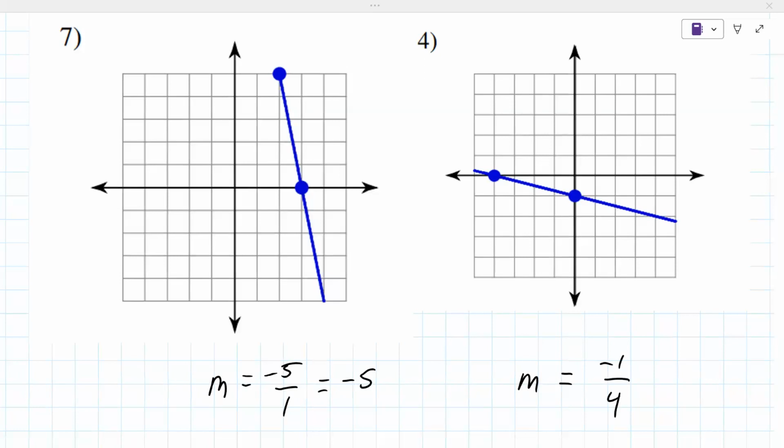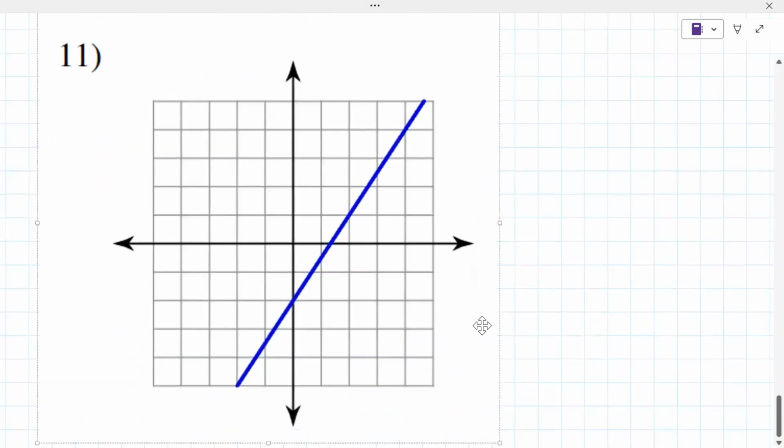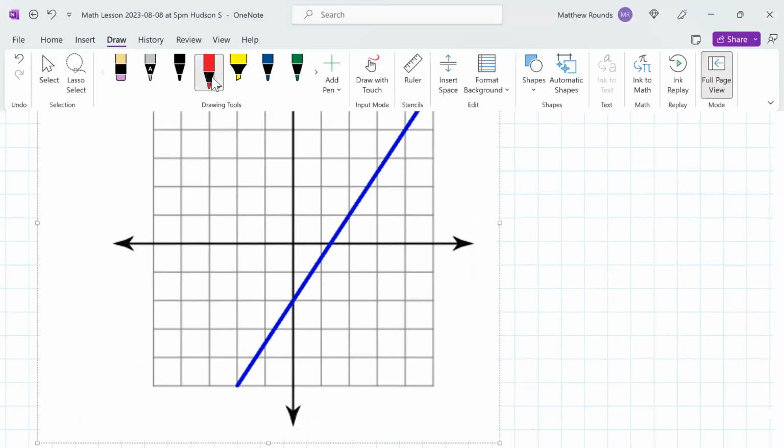So the next type of problem you'll see, and this is a little bit harder because you don't have this in front of you. It's on a screen, and that's not ideal. But see how there's no dots on here? There's just a line. So what you want to do is create dots.